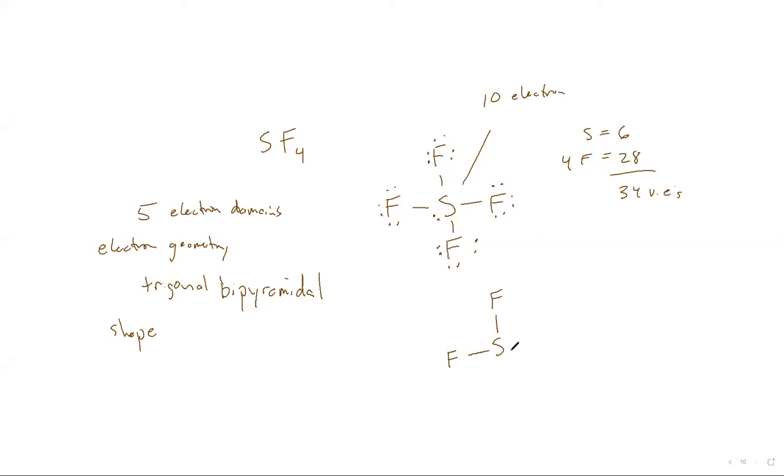The computer kind of showed us where it went already. But if I put it in this position, what's going to happen is that there are 3 repulsions that are 90 degrees apart. So if I put it here, there are 3 90-degree repulsions with the bonding electrons.